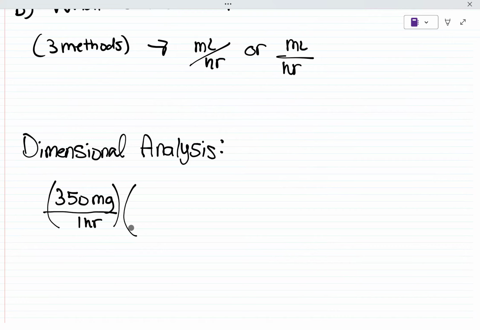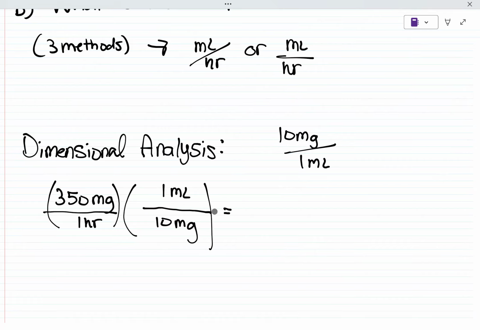So our availability of the drug was 10 mg per 1 milliliter. Now, I have to get rid of the mg, so I'm going to flip this. You can flip it, right? So I'm going to put the 1 milliliter on the top and the 10 mg on the bottom.